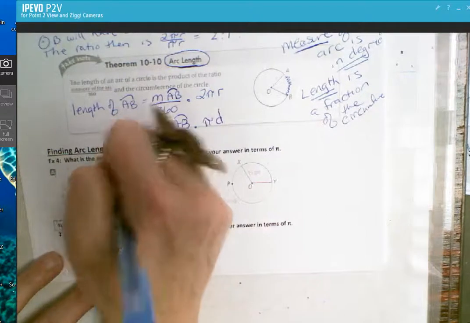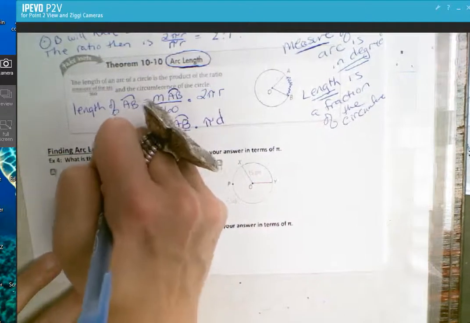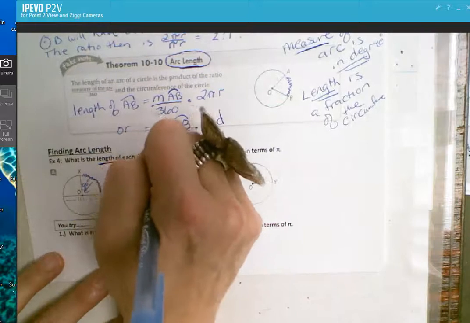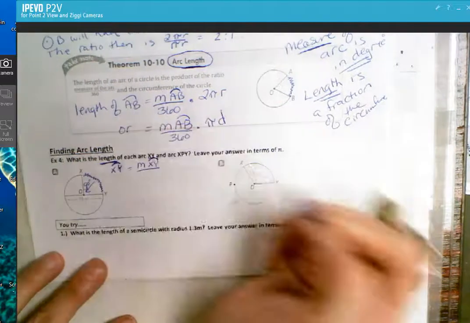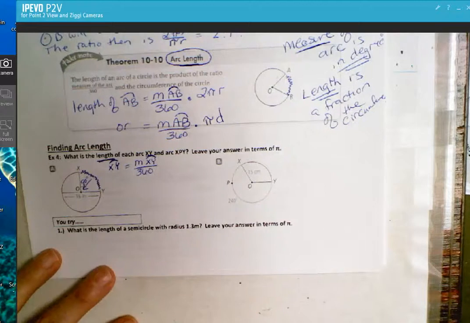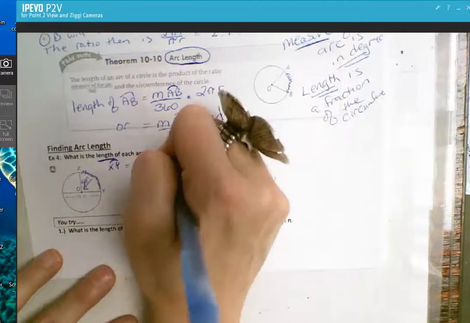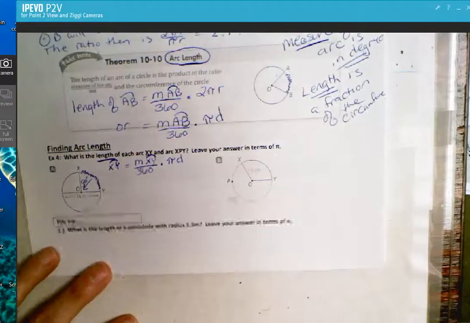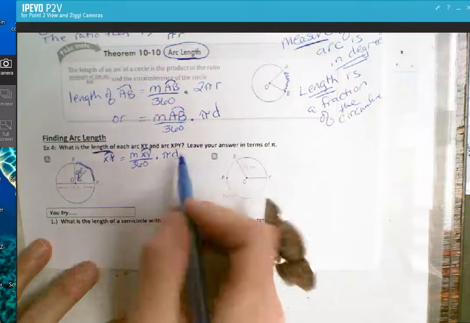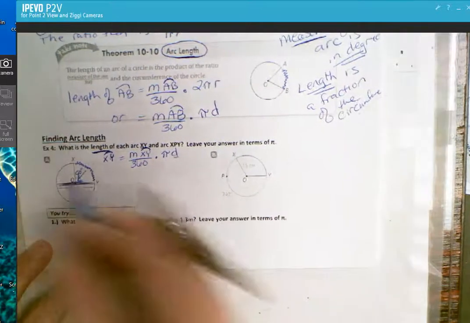So I know that the length of xy is equal to the measure of xy out of the full 360, so the proportion of the ratio of its measure, times the whole possible circumference. This case I'm using D because they gave me the diameter is 16.